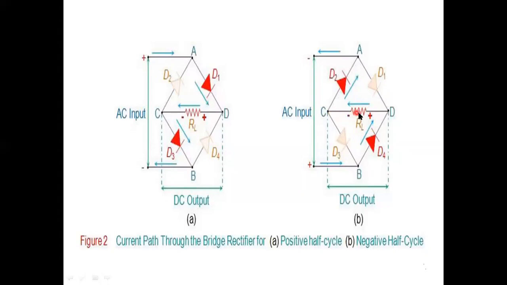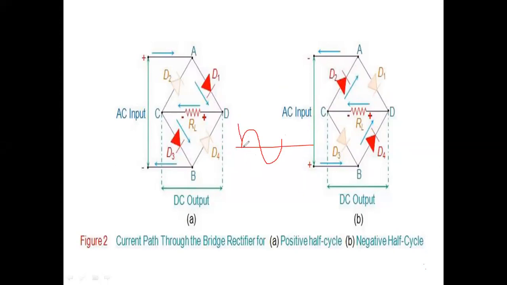It is already in the blocked condition, so the current will find a path through diode D2. So you have to understand that for the positive half cycle, diodes D1 and D3 will conduct.